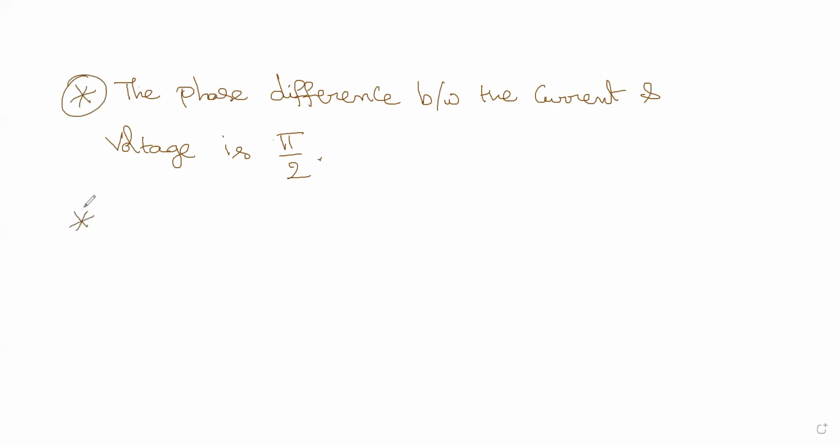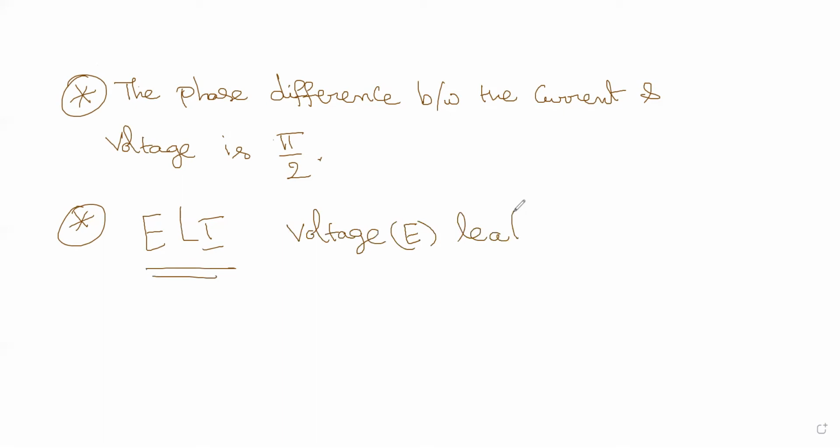The second part is that I told you to remember LI, the ICEman. The L stands for inductor, and E means voltage. Voltage E leads the current I. So voltage comes first and then I comes next.